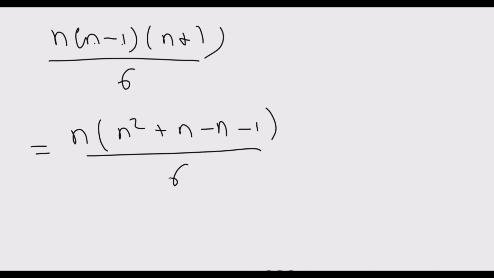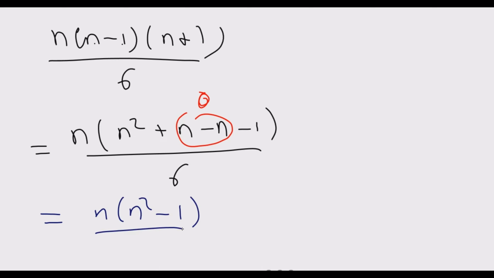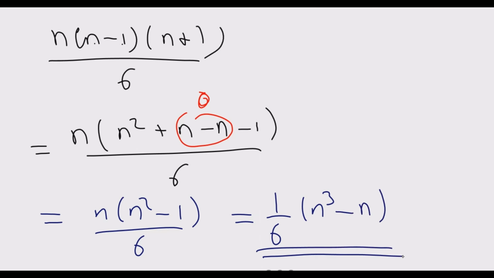Then you notice that this one is 0. So I'm going to end up with n squared minus 1 over 6. Then at this point, n times n squared is n to the power 3, and n times negative 1 is negative n. So you notice that this is exactly what we have on the other side. So it's shown.